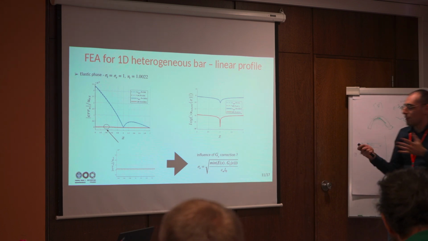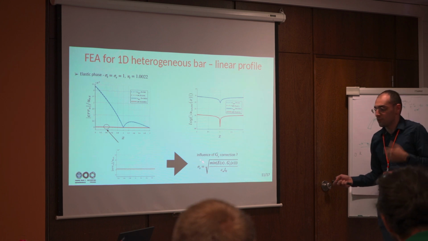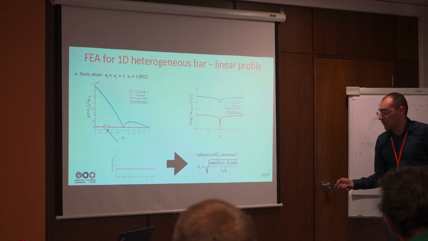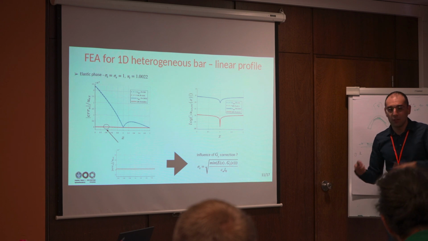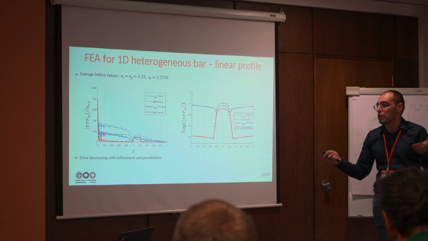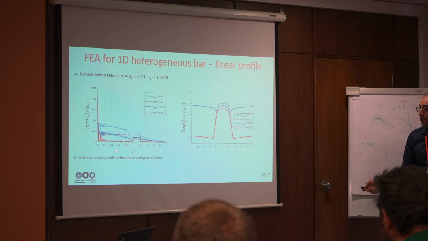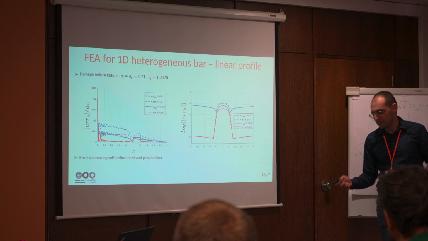And so this can be related to the influence of the GC correction, because the limit elastic stress depends on this GC of x, and so we need to investigate that. However, for the phase of damage before failure, we observe that the error decreases with refinement and with penalization.